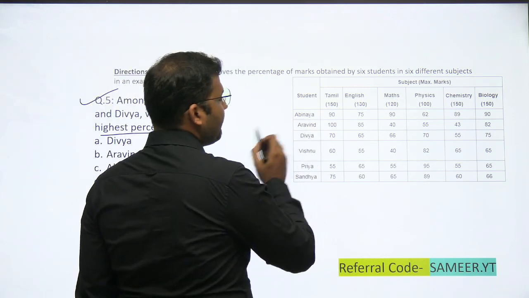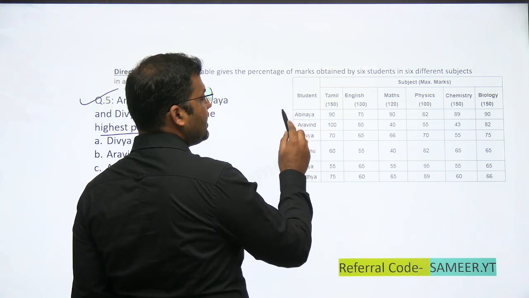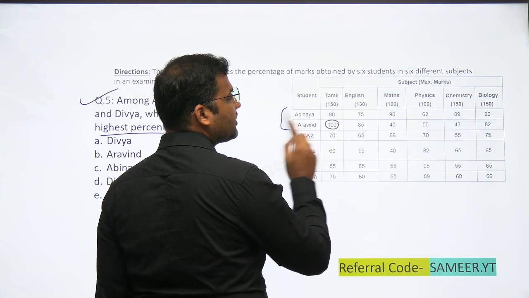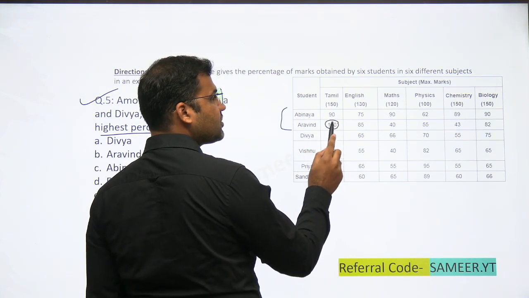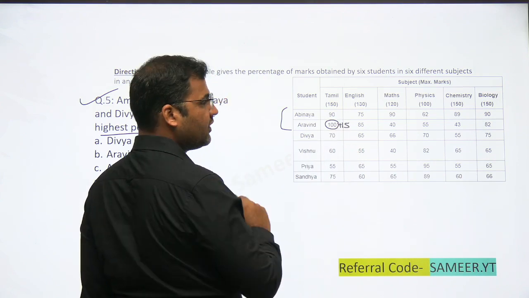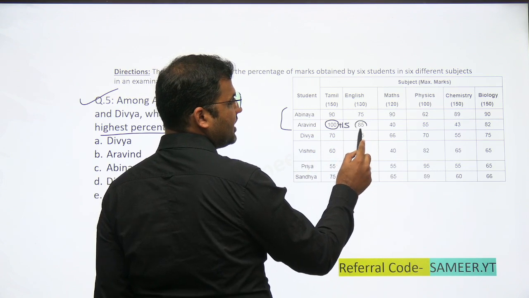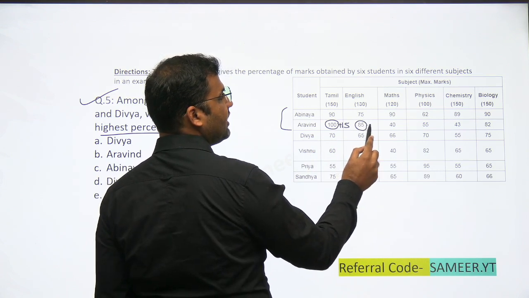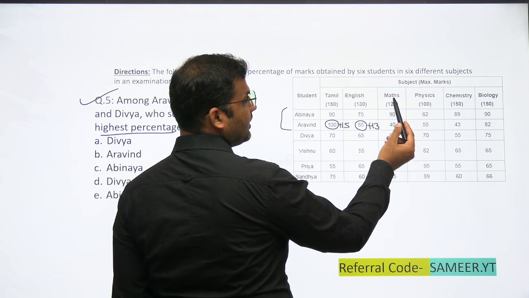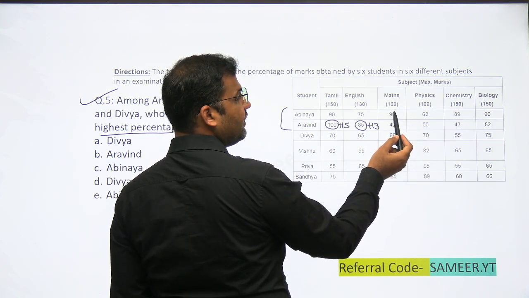If I want to compare Abhinay and Arvind, you see that Arvind is having 10% extra here. So this 10% extra in Tamil will be giving him a lead of plus 15. This is 10% extra. This 10% extra will give him a lead of 13. But then you see that in math, Abhinay is having 50% extra.